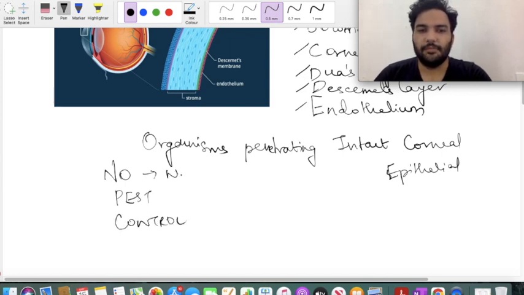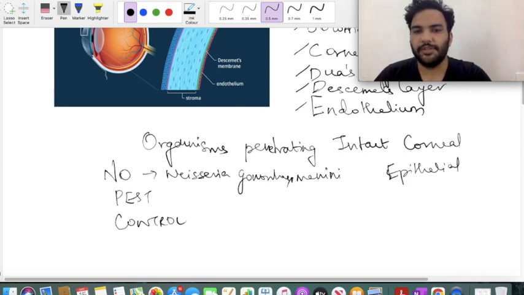N is for Neisseria, N for Neisseria gonorrhoeae and meningitidis. P for Pseudomonas, C for Corynebacterium diphtheriae.